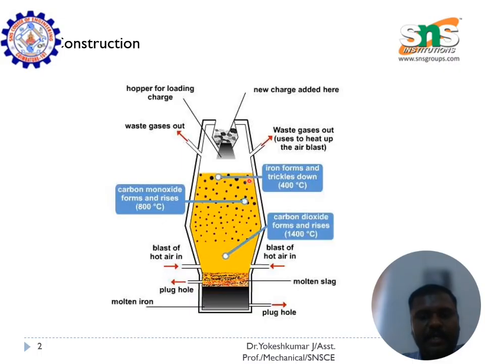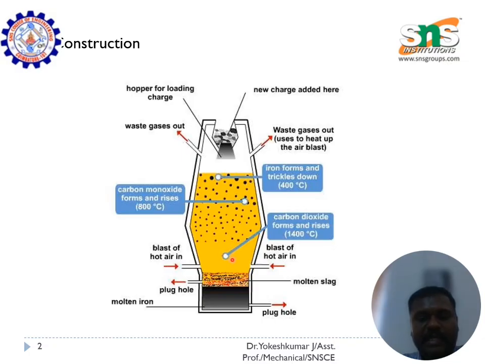At the top of the raw material, the iron forms and trickles down at 400 degrees centigrade. At the middle, carbon monoxide forms and rises to 800 degrees centigrade. And finally, carbon dioxide forms and rises to 1400 degrees centigrade. And the metal is converted into a fully liquid form.